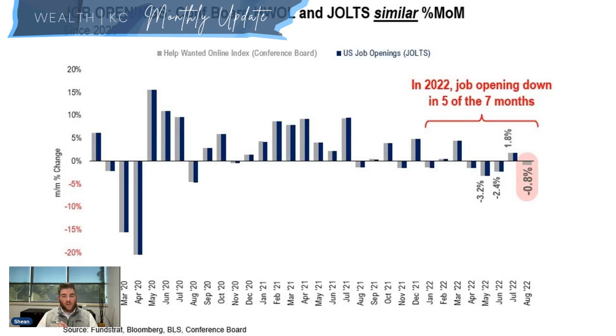So the Help Wanted Online Index for August was minus 0.8. You can see how closely related, in the gray bars and the blue bars, the Help Wanted Online Index is to JOLTS when that number is reported.